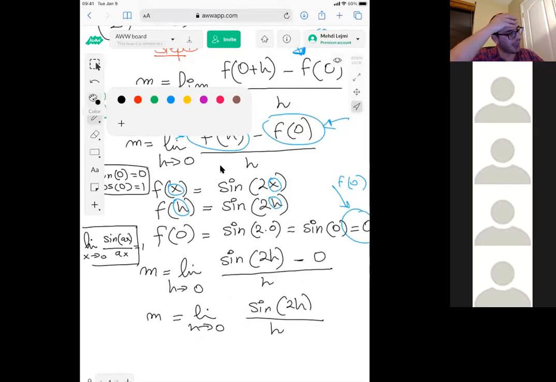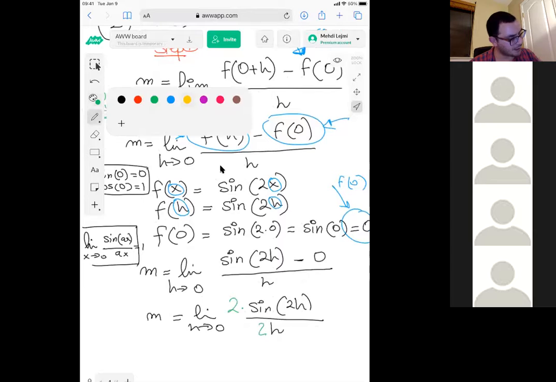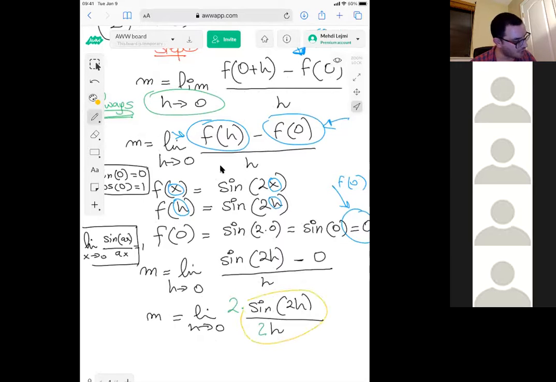In the top I have 2h, so I need 2h in the bottom to make it 1. But if you multiply the bottom by 2, you also need to multiply the top by 2. So here's another 2 in the top. Now sine of 2h over 2h will be 1, so there's a 2 in the top times 1. So my m would be 2 times 1, which is equal to 2.